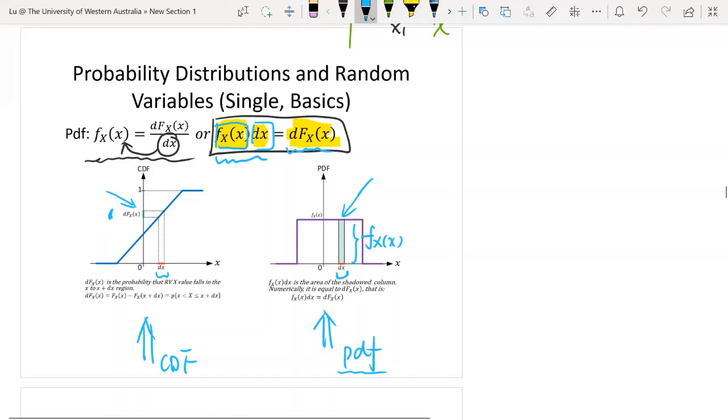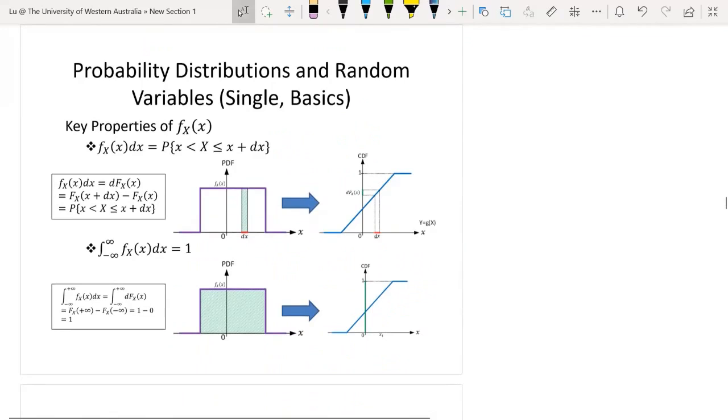This area is equal to this small segment in the CDF. Now, actually, we can just do a quick summary. A small segment in CDF is equal to the area of the section defined by the small dx with the PDF curve.